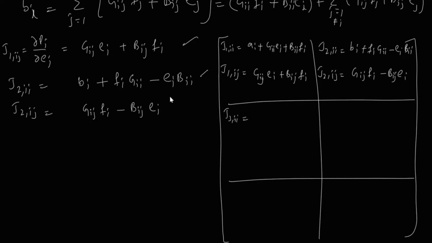J3II is equal to minus BI minus BII EI plus GII FI, and J3I comma J, which is actually GIJ FI minus BIJ EI, right?